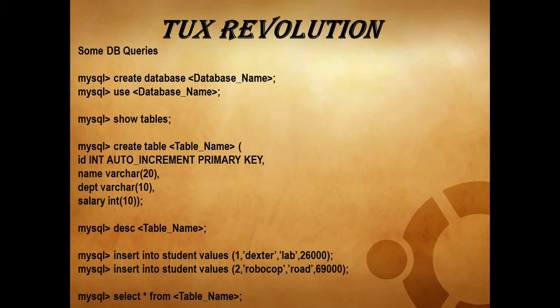Then name is another column name, varchar 20 is the data type, department is a column name, varchar 10 is the data type, salary is a column name, and integer 10 is the data type.